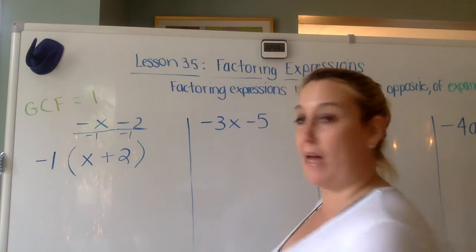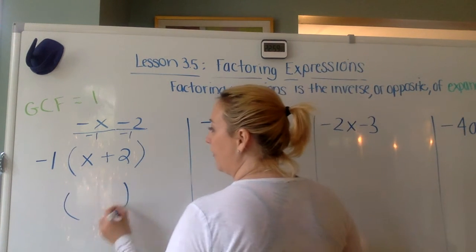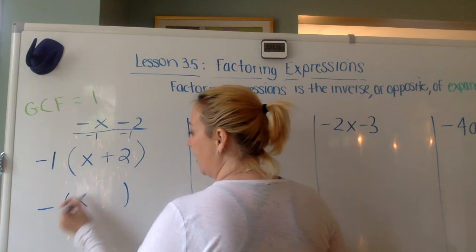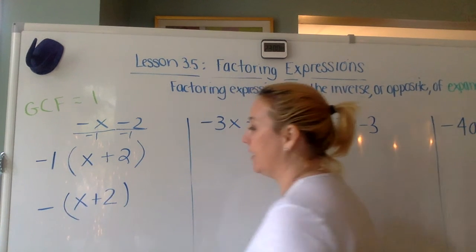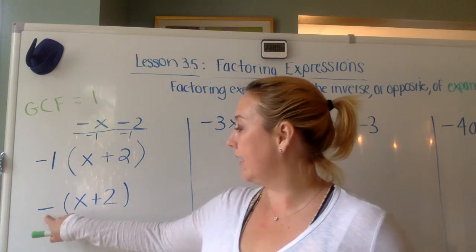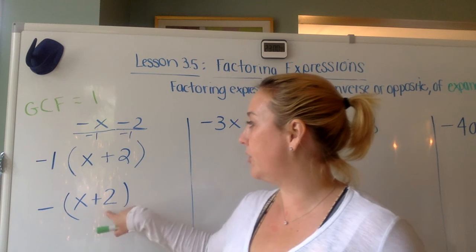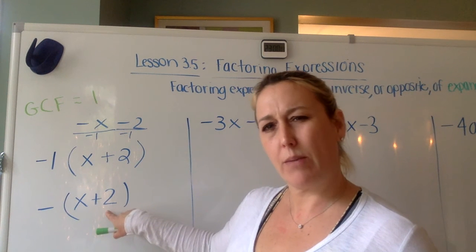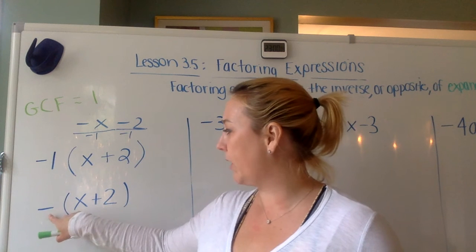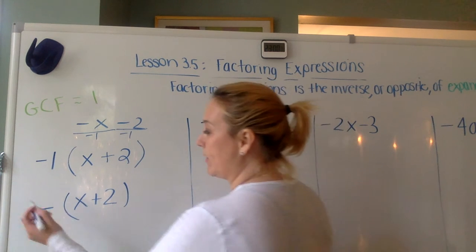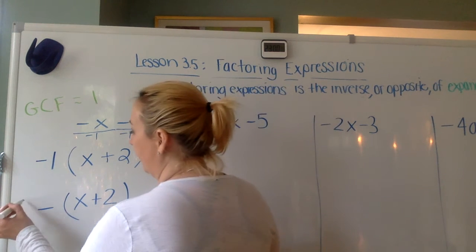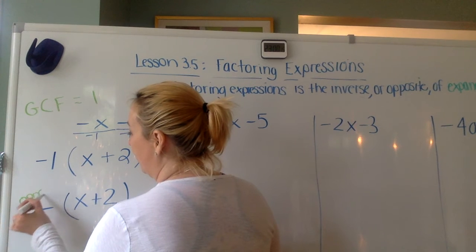So really, mathematically, how this would be written, and some of you have seen this before, is negative x plus 2. And remember, I think we saw it 2 lessons ago, I explained that the negative sign is like saying the opposite of.